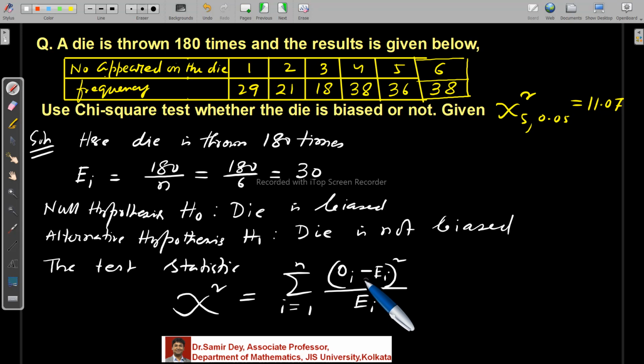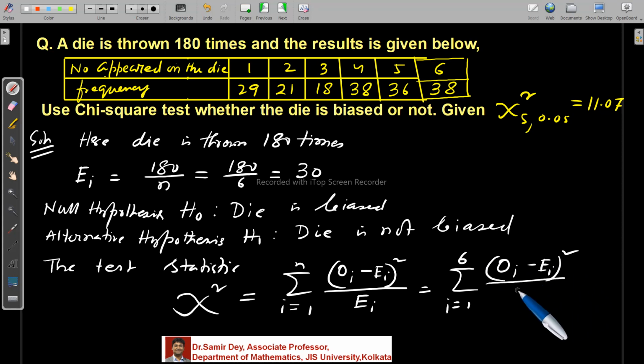OI stands for observed frequency, whatever you have observed. So in this case, what is n? n is equal to 6. So you may write i equals 1 to 6, OI minus EI whole square by EI. So we want to calculate this. So that's why this table is required. Is it clear to all of you?